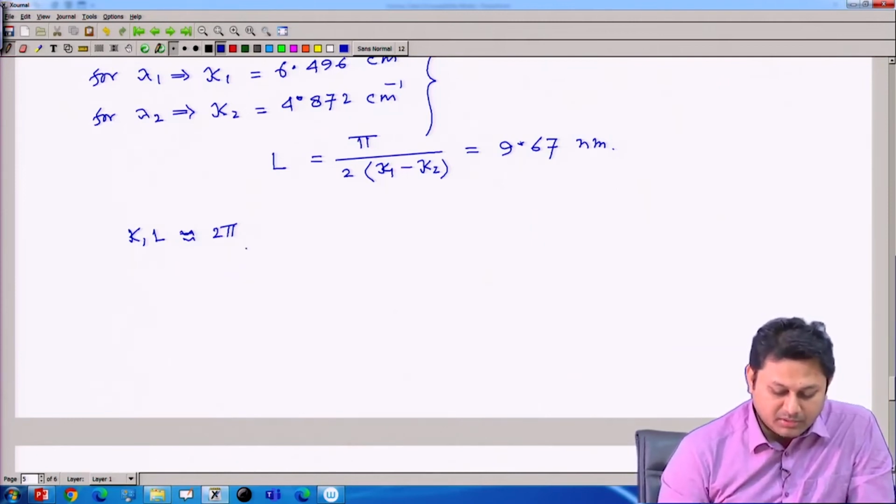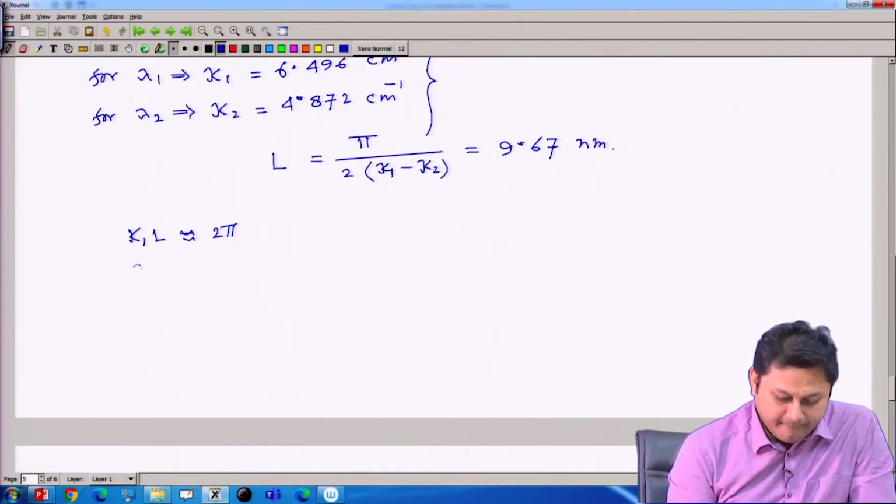So, kappa 1 L should be very close to 2 pi, and kappa 2 L will be around 3 by 2 pi. If you calculate, you will find this.